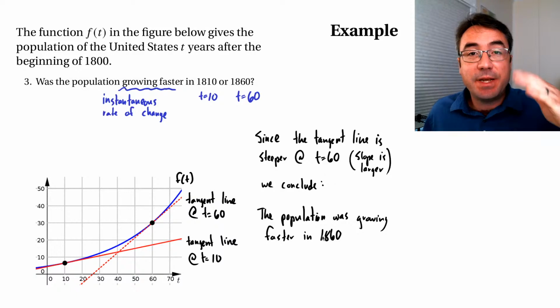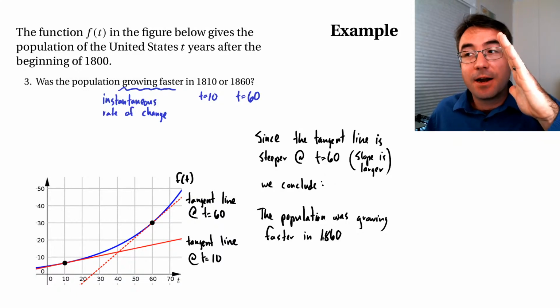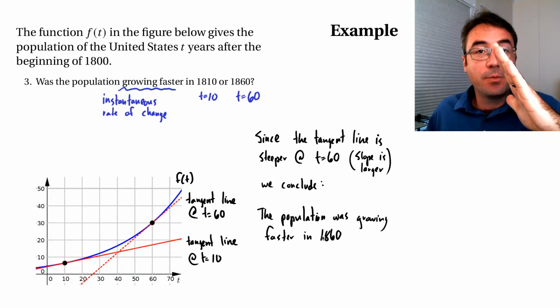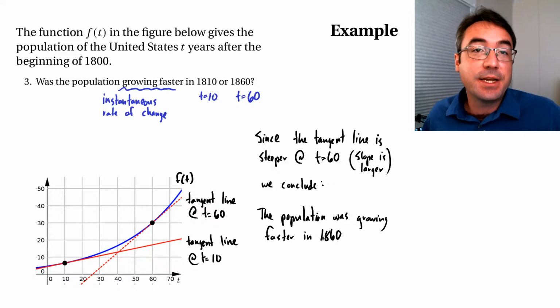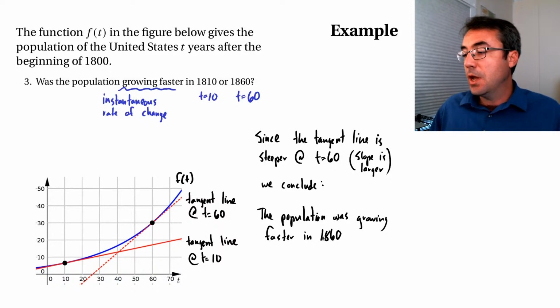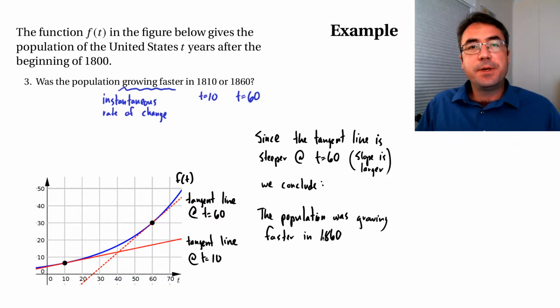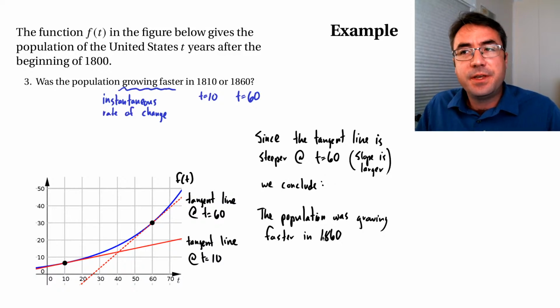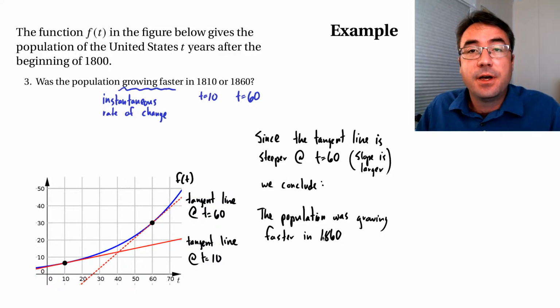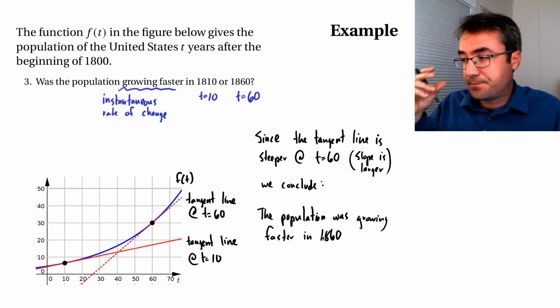We can see that because at t equals 60, the slope of our tangent line is going up faster, so it's a steeper tangent line. All right, so that's a little bit of practice interpreting what the derivative is, graphically and in terms of a population function.